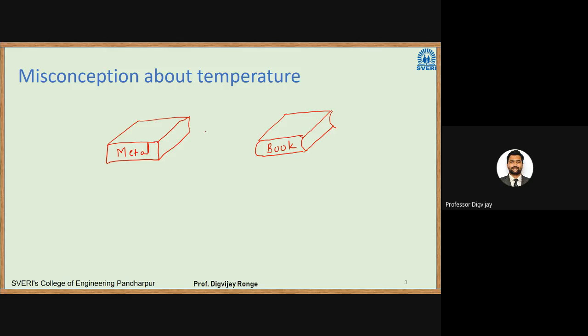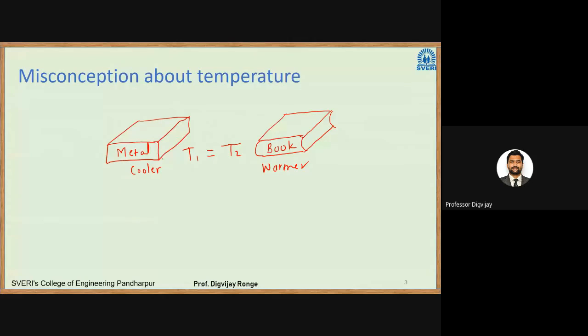Now if I tell you to touch one of these, like I told previously, you will feel this is cooler and this is warmer, but the temperature of this object T1 is equal to the temperature of this object T2.